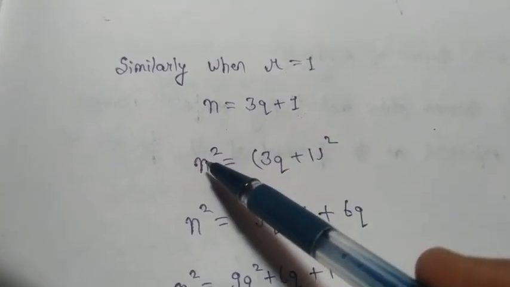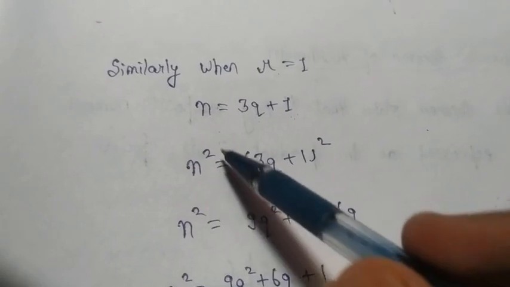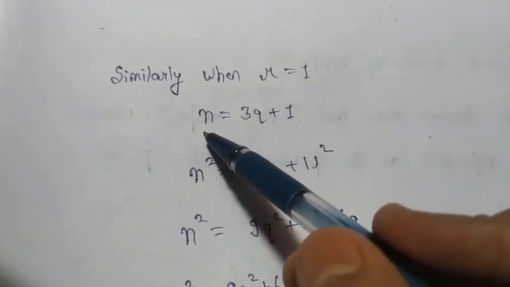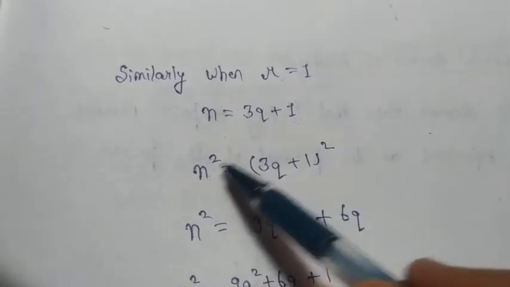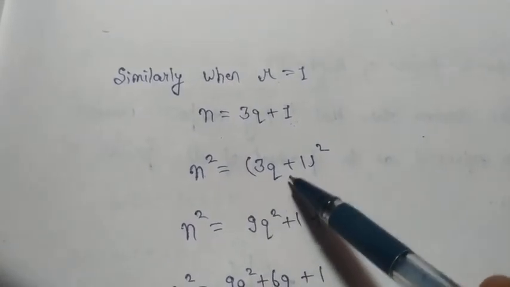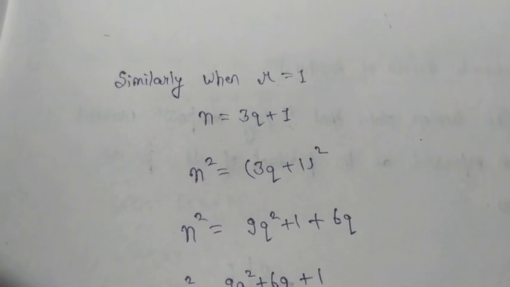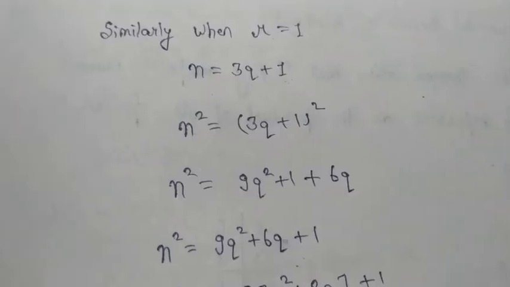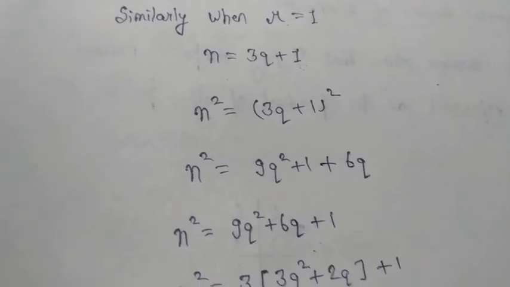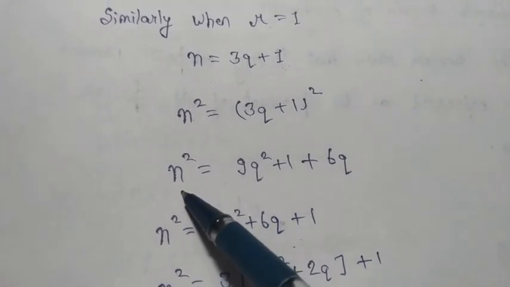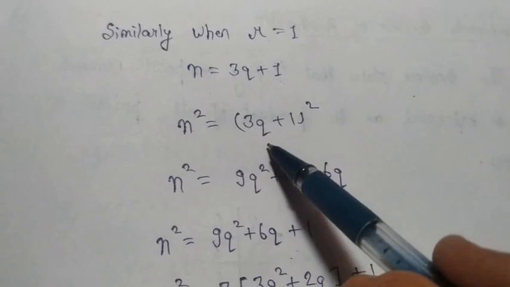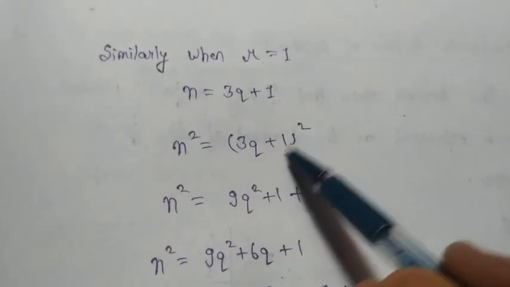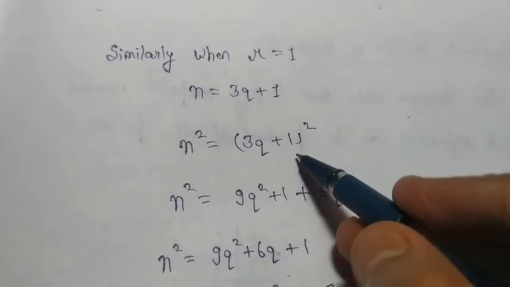Now because we have to take out the square, I have done the square of this positive number. So the square of n will be n square, which is equal to 3q plus 1 whole square. Afterwards, this is n square and it is 9q square plus 1 plus 6q, because I have expanded this using the formula of a plus b whole square.